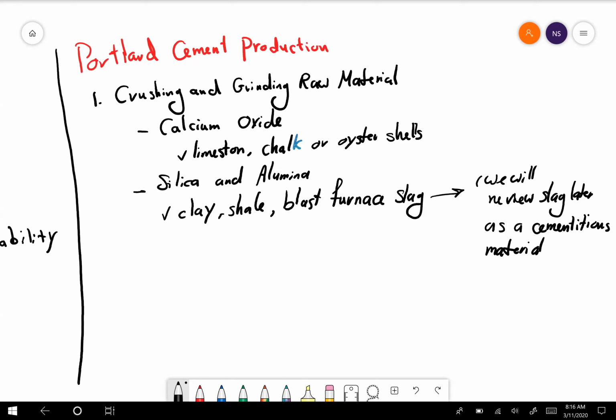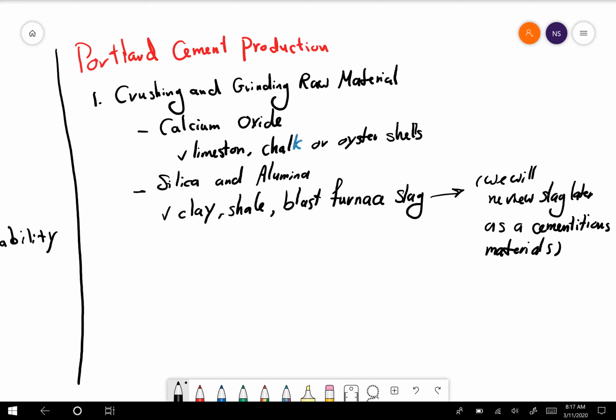And by cementitious material, we mean a type of material that is not necessarily Portland cement, but it can react with water and do the chemical reaction and show a cement type or Portland cement type reaction in the mix, but it's not necessarily Portland cement. So we're going to talk about that.